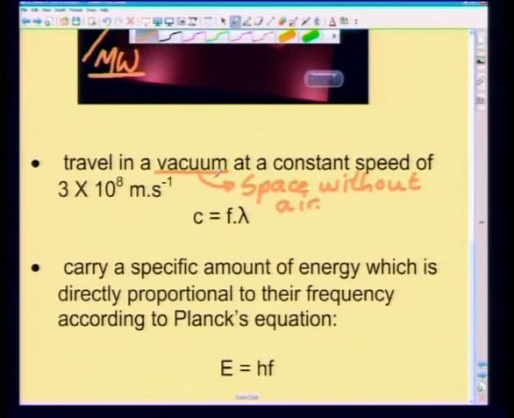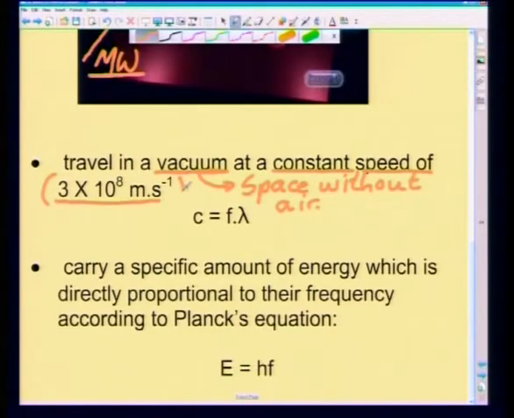So electromagnetic radiation, or waves, would move in a vacuum at a constant speed of 3 by 10 to the power 8 meters per second. Now that's a very fast speed, and it also accounts for why light is able to reach us on Earth from the sun when the sun is so far from us, but reaching us quite quickly. It's because the sun emits electromagnetic radiation.